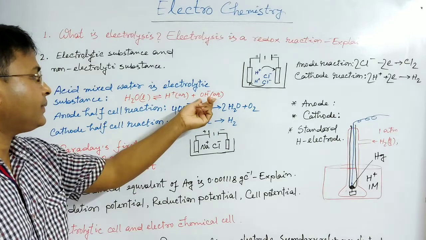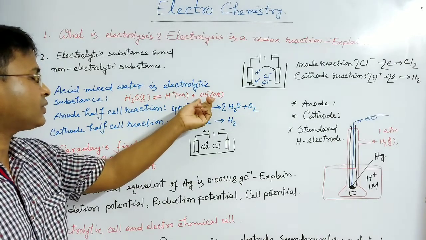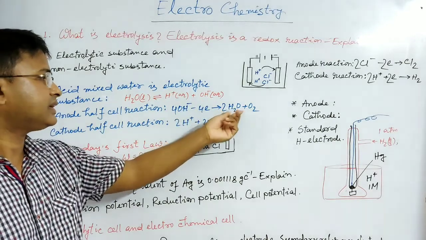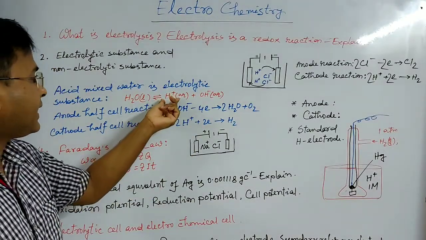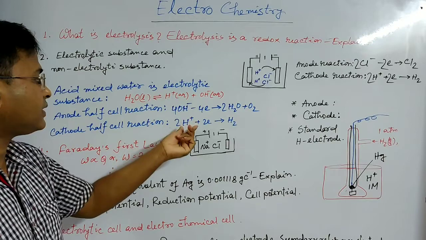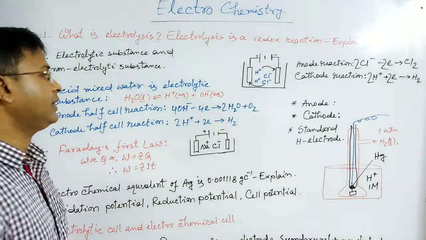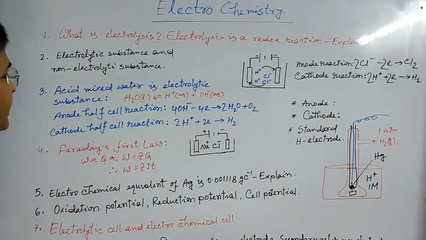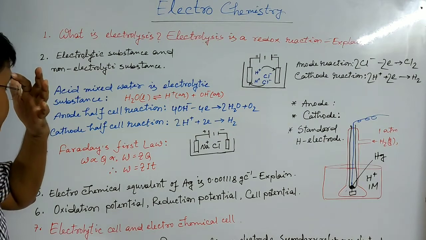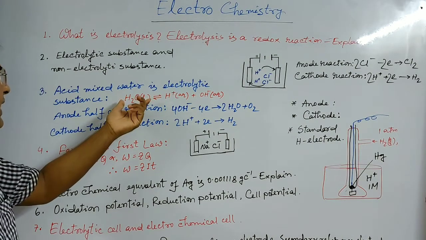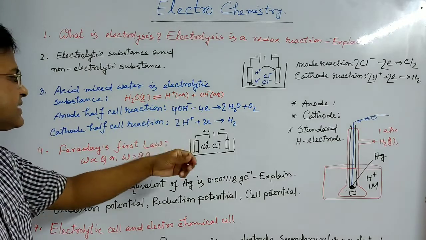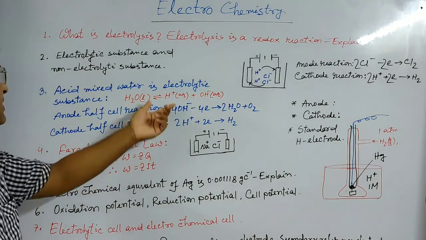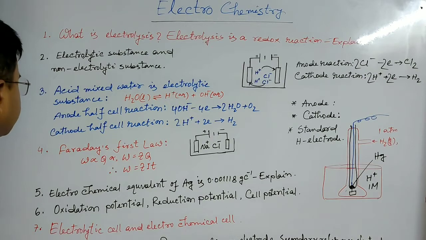Anion hydroxide ion goes to anode to produce water and oxygen, and cation H plus ion goes to cathode and accepts electron to form hydrogen gas. After conducting electricity, the acid mixed water changes chemically. That is why this is also known as an electrolytic substance.